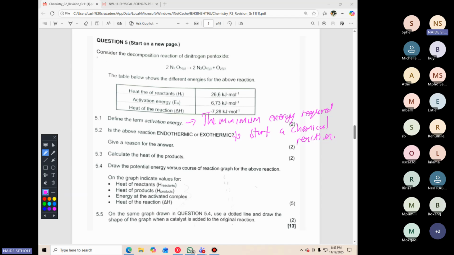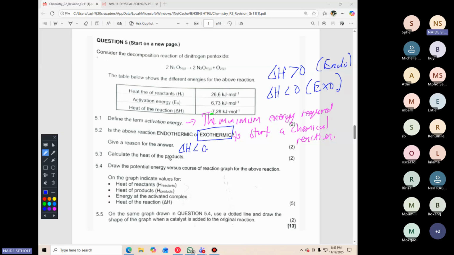Let's check. Based on the heat of the reaction being negative here, this would have to be exothermic. If the enthalpy change was positive, then we would say endothermic. But because our enthalpy is less than 0, we say exothermic. Give a reason for the answer: enthalpy is less than 0.